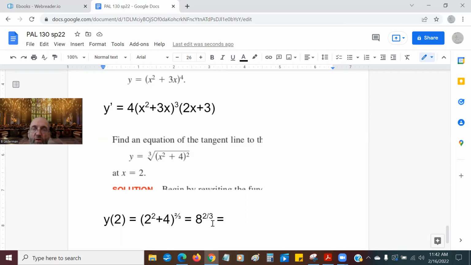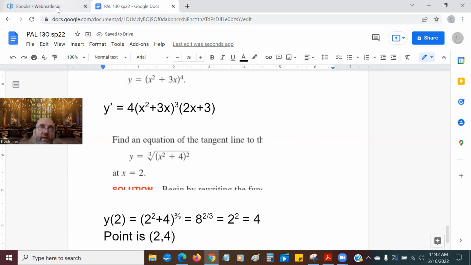So the cube root of 8 is 2, because 2 times 2 times 2 equals 8. And 2 to the 2nd power equals 4. So y of 2 equals 4, which means the point is (2, 4).